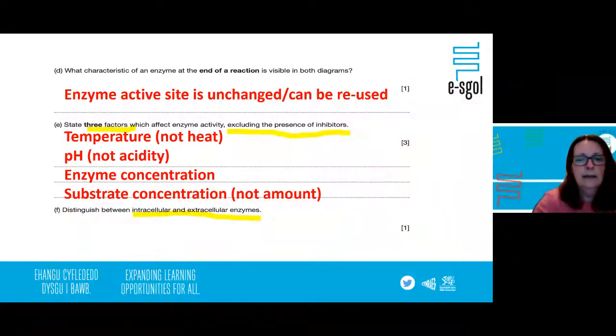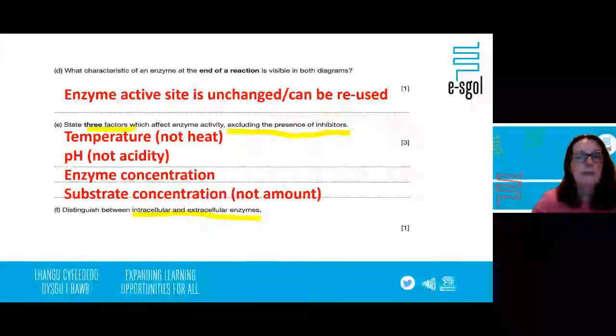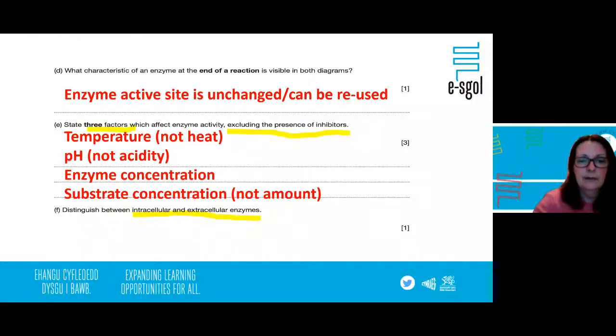And then finally, we mentioned substrate concentration. And again, you can see there, don't say amount. So don't say the amount of substance or substrate, don't mention the amount of enzymes. It's very important then to be very specific there with our answers.